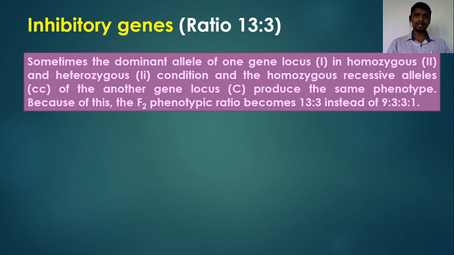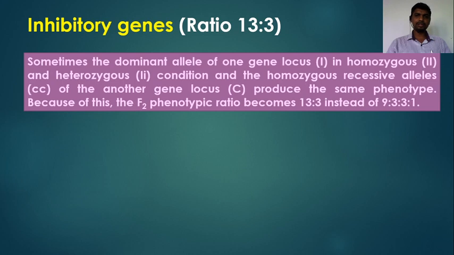Suppose there are two genes, one is the I gene and another is the C gene. The C gene is responsible for color production. C stands for color, while I stands for inhibition or inhibitory gene.